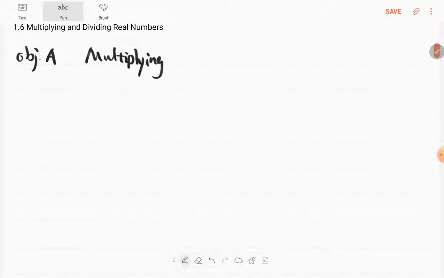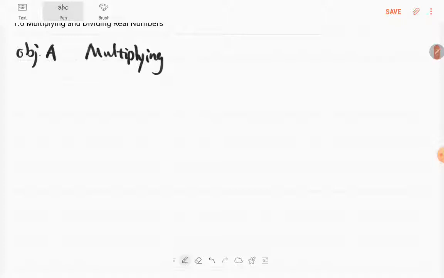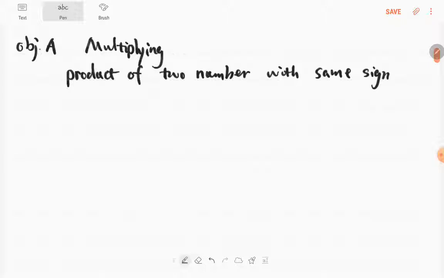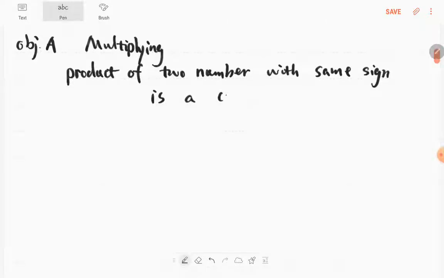Basically, we know the product of two numbers with the same sign, the answer, the product, is a positive number.